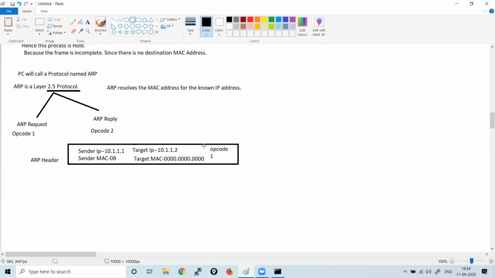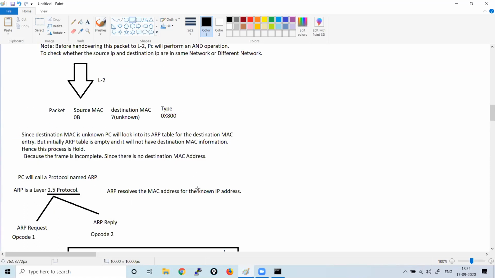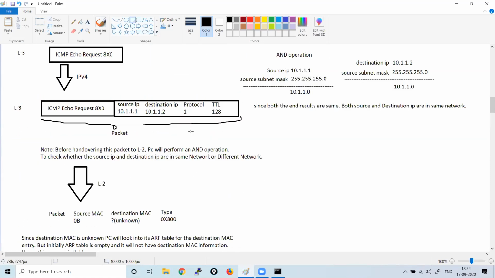So this is half of the IP header, if I'm not wrong. If you divide this line, half means 0.5, correct? So that is the reason why it is layer 2.5.